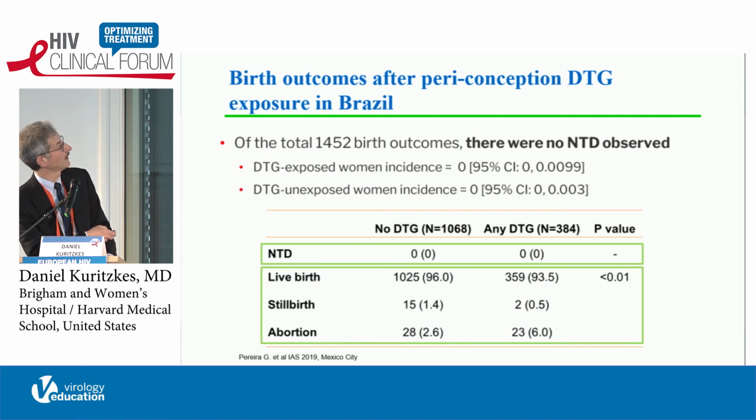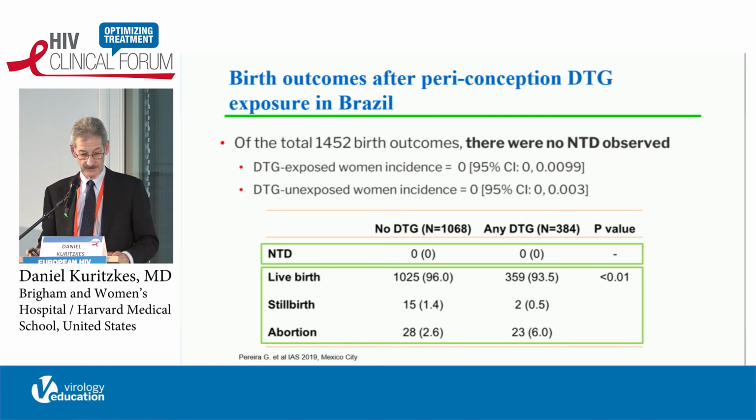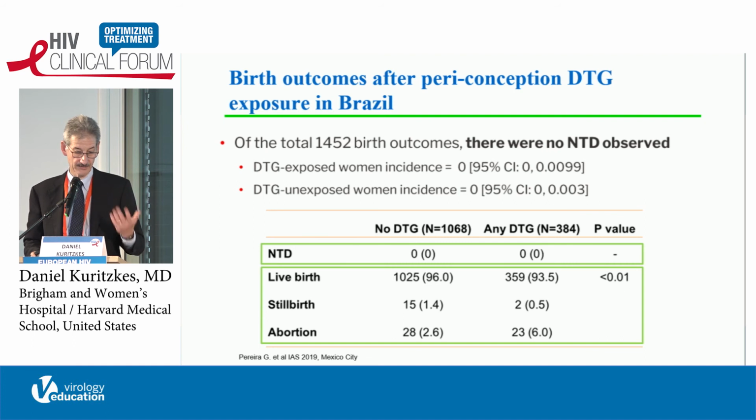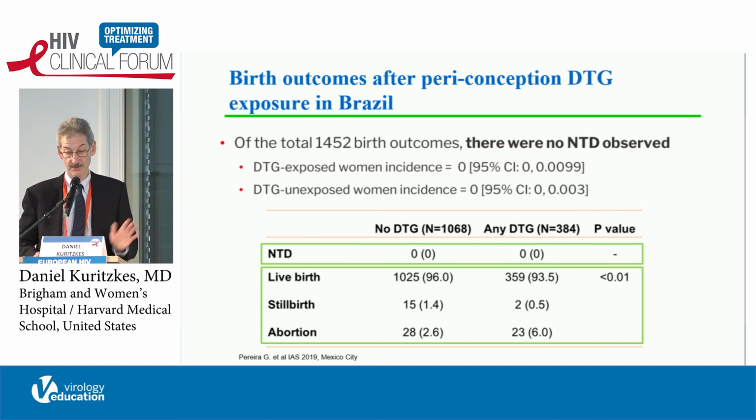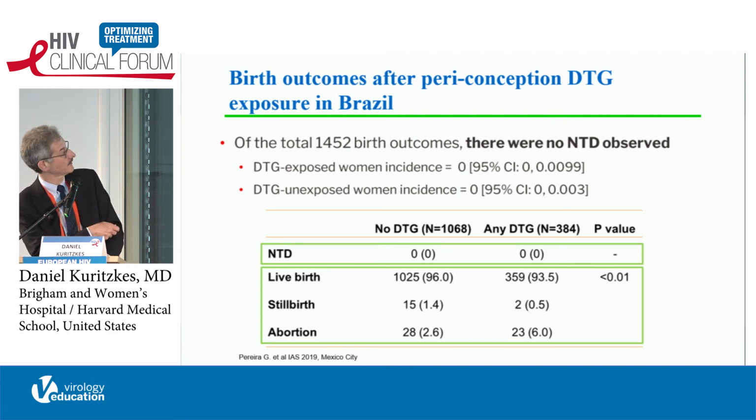In addition, the Brazilian government, the health ministry in Brazil, collected data on nearly 1,500 births, and they saw no neural tube defects. The incidence of those who were dolutegravir exposed was 0, with these confidence limits shown here, and in the unexposed women, likewise, was 0.